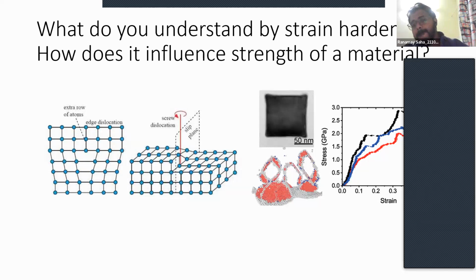Anybody? How does strain hardening influence the strength of a material? So what can you get from this particular stress strain curve?